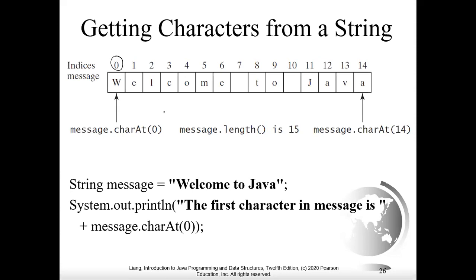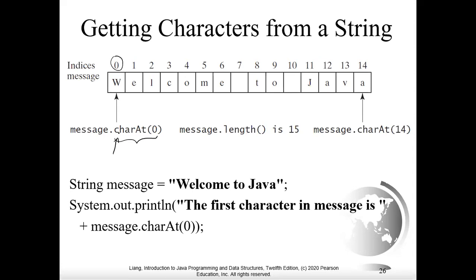Okay? All methods start with a lowercase character. If we are asked how many characters we have, it's 15 characters. From 0 to 14, that is the index, not the length.